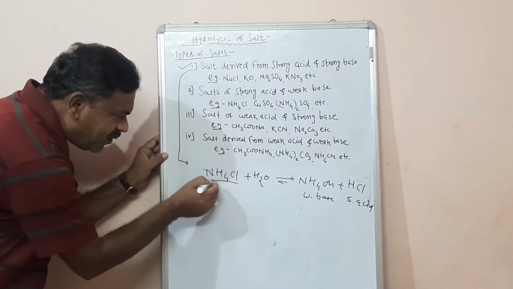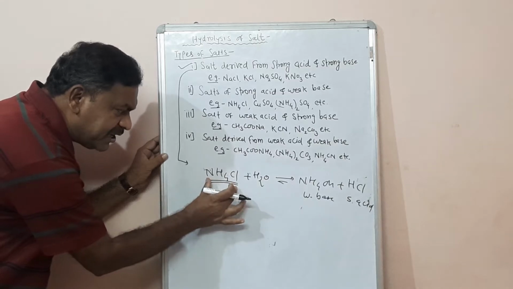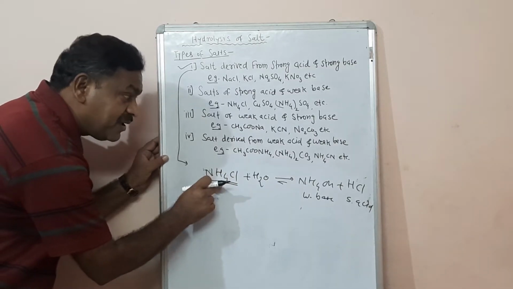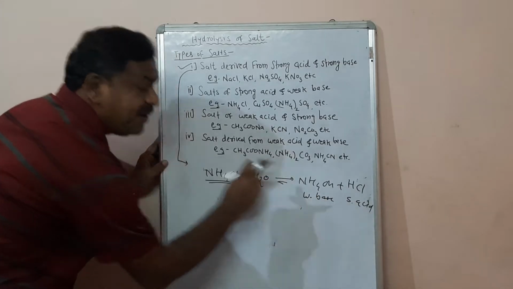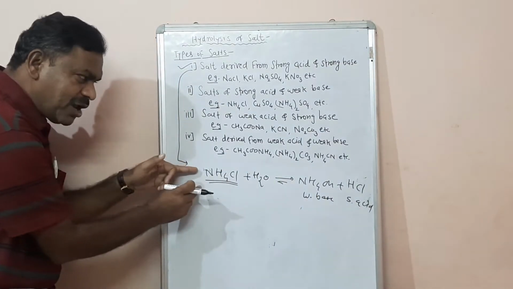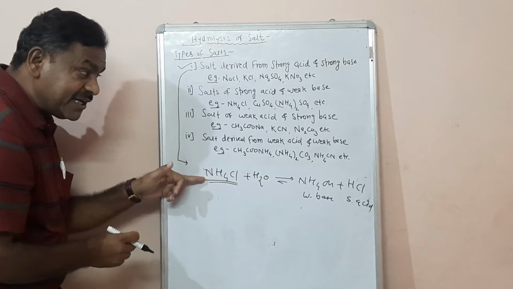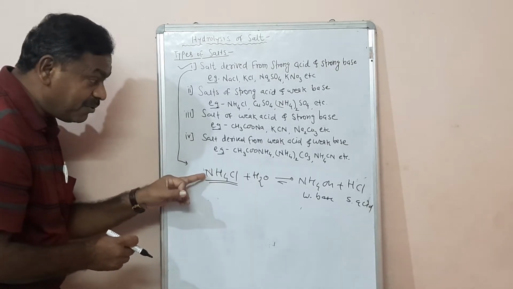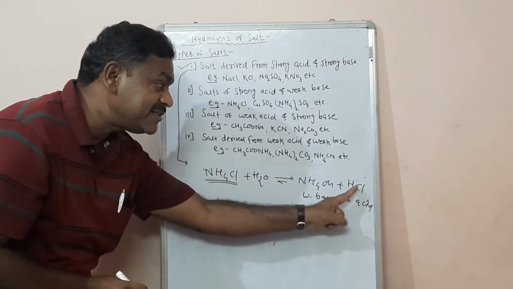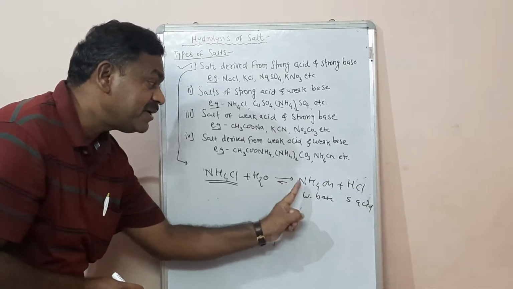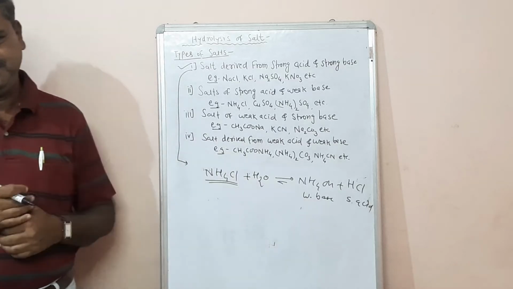NH4OH is the weak base and HCl is the strong acid. This means the salt ammonium chloride is formed from the combination of the strong acid HCl and the weak base ammonium hydroxide.